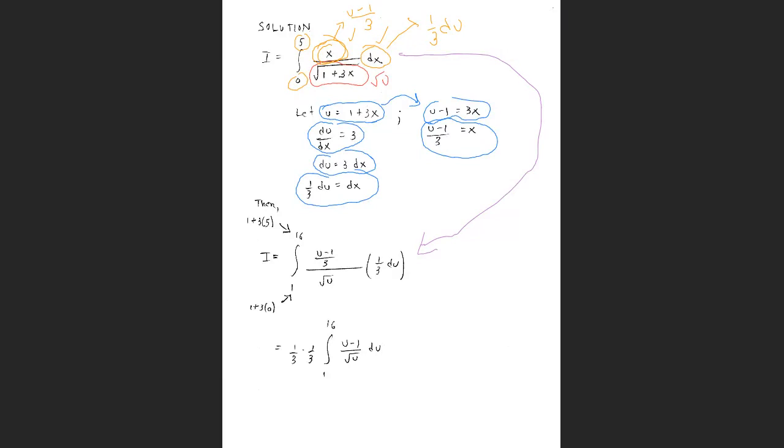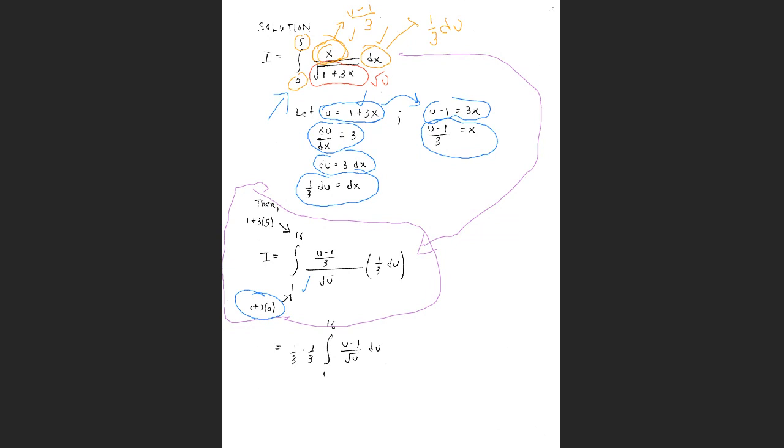The limits have to be changed also, because this integral is an integral with respect to u. So the x limits have to be converted to u limits. Well, the first x limit was x equals 0. Since u is 1 plus 3 times x, the bottom u limit is going to be 1 plus 3 times 0, which is 1.